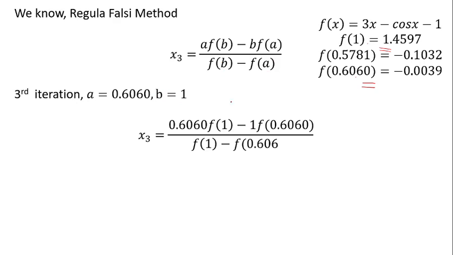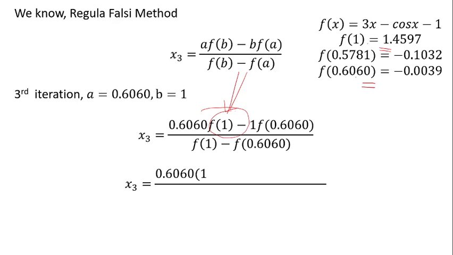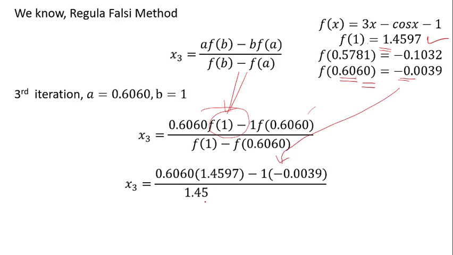Now we just put the a and b values here and obtain this expression. Now simplify it. X3 is equal to 0.6060 into f of 1, which is 1.4597, minus 1 into f of 0.6060, which is minus 0.0039, divided by f of 1, 1.4597, minus f of 0.6060, which is minus 0.0039.